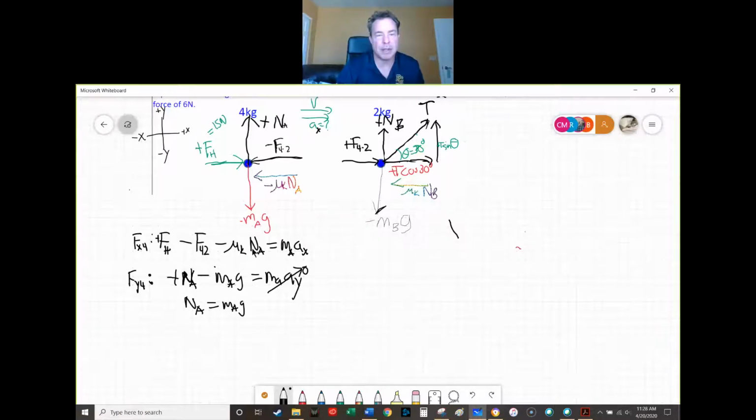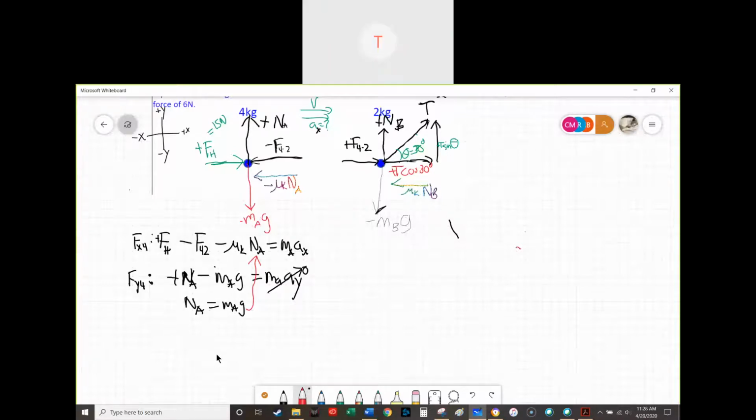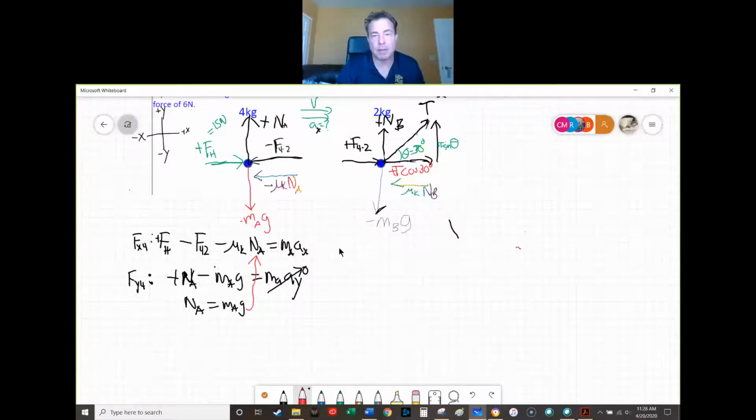That means this guy right here, we're going to use this to sub in right here. Okay. We don't know what this force is, so we have to use the other equations to solve for it.